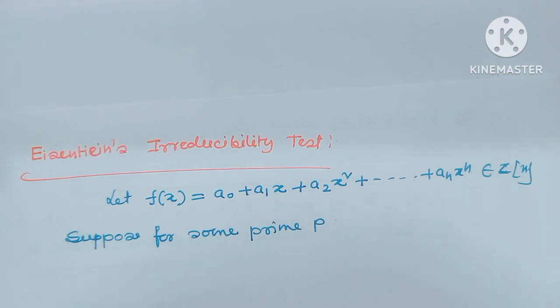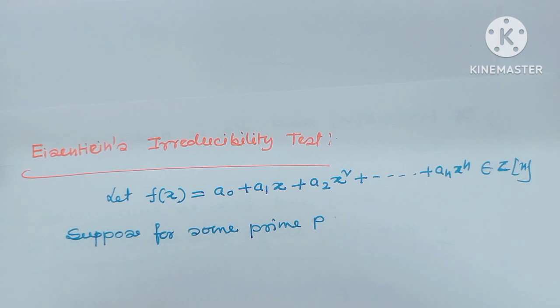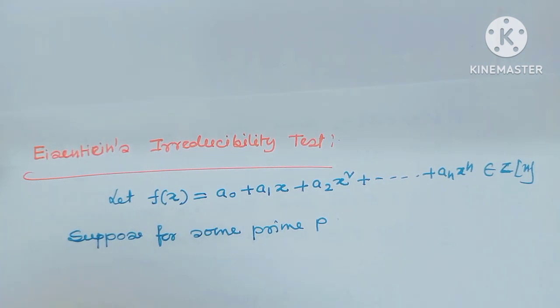Let's see Eisenstein's irreducibility test. Let f(x) equal to a0 plus a1x plus a2x square up to an x to the power n belongs to Z[x].